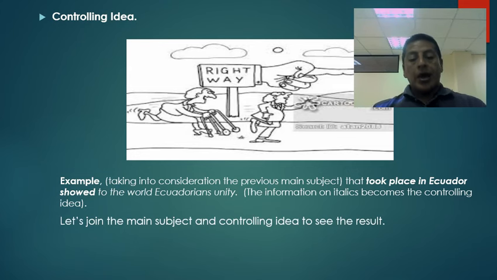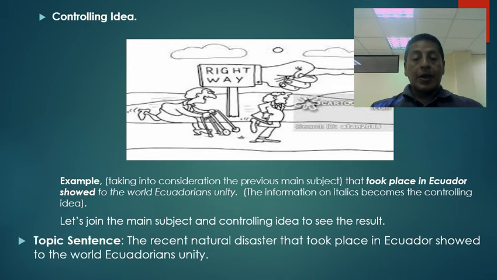So if we join these two parts, the main subject and the controlling idea, as a result we are going to have the full topic sentence, okay? And so, let's see. The topic sentence is going to be in this way. The recent natural disaster that took place in Ecuador showed to the world Ecuadorians' unity.